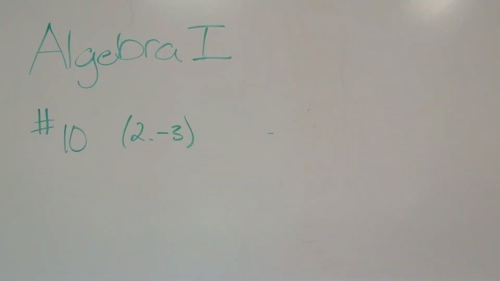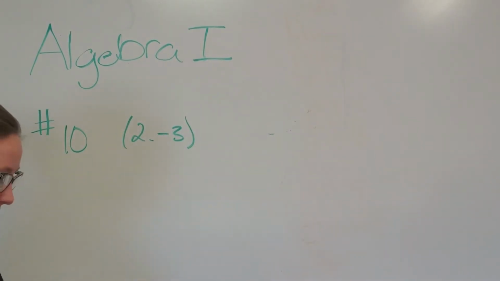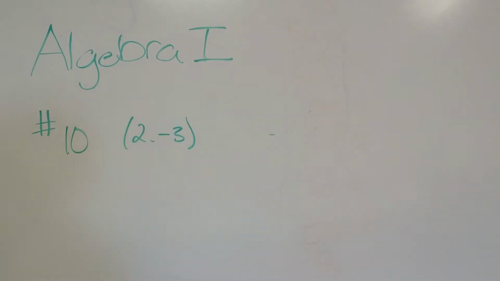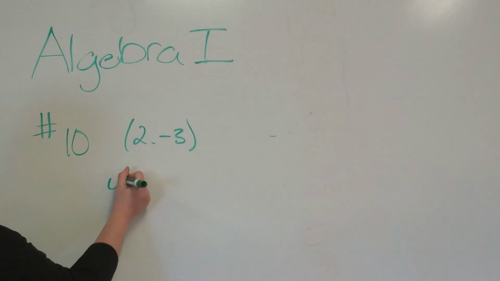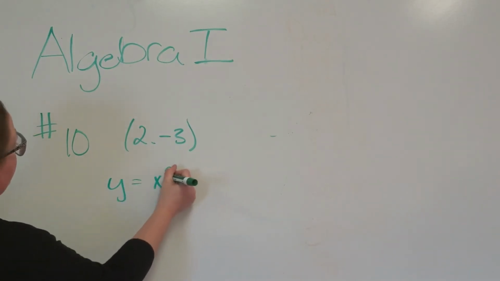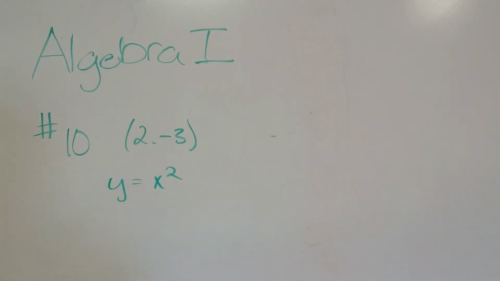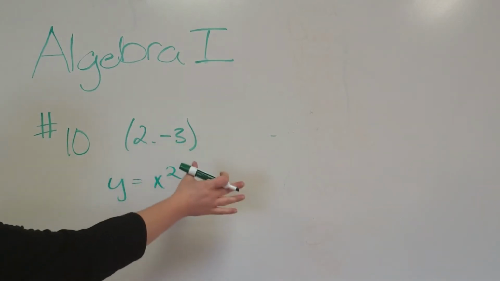On number 10, they ask us to find the vertex of which of the following equations is a parabola with a vertex at 2, negative 3? So they're asking us to write the equation. Remember, the equation of the parabola is y equals x squared, and this is with its vertex at the origin. So if you're moving it, you have to add numbers.